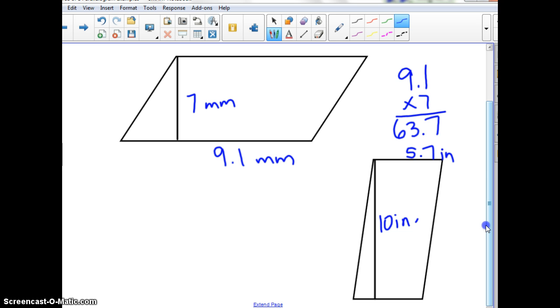How many zeros? How many zeros? 57. 57. Just we moved our decimal to the end. 57 inches squared. Ooh, I tricked you on that one.